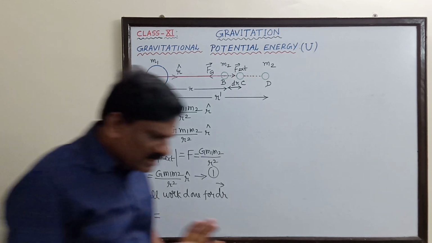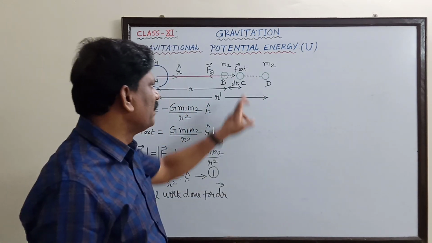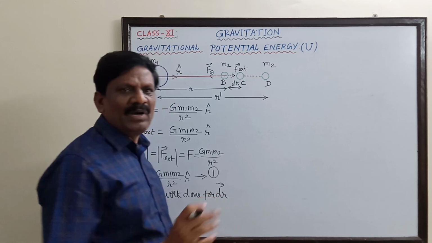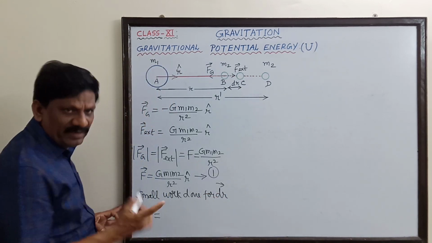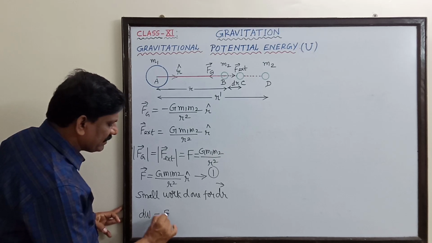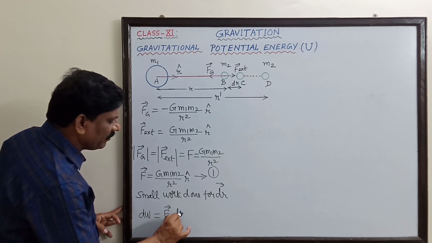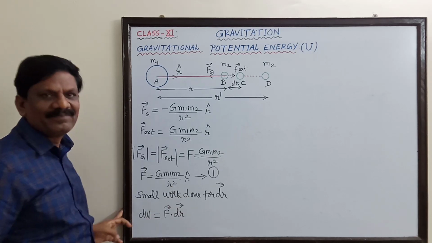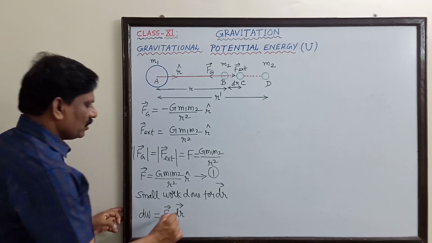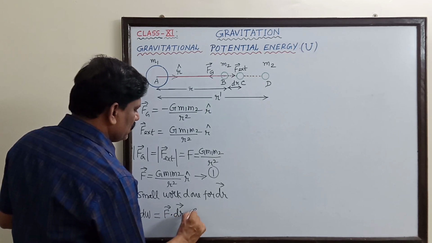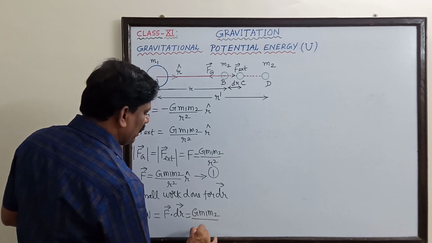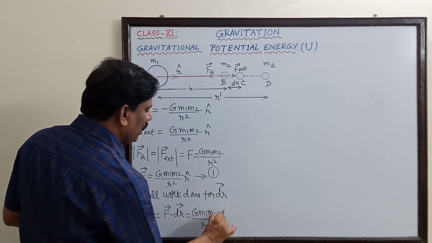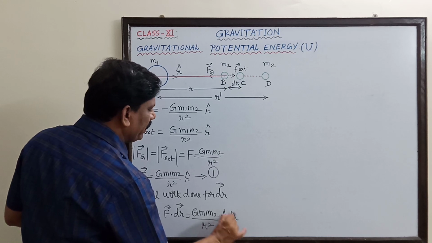First, through an infinitesimally small displacement dr, I am pushing the mass m2. So the work done is also very small, is it not? So this is F dot dr. This is equal to G m1 m2 by r square into r cap dot dr vector.